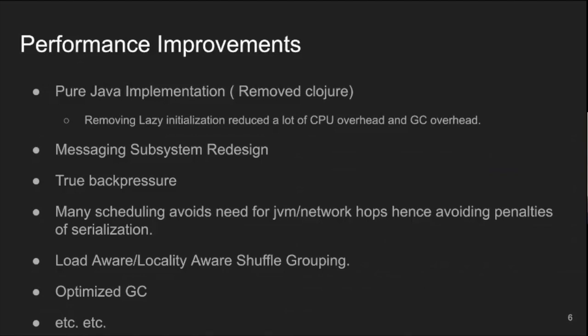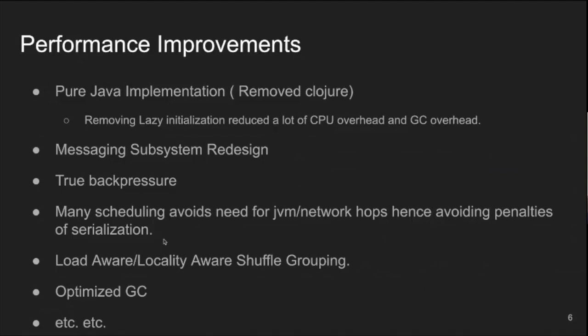The GC overhead is also lowered now because the number of queues and hops has gone down, as has the number of objects that get created and destroyed throughout. The messaging subsystem and back pressure are obviously the 2 major contributors to the performance.